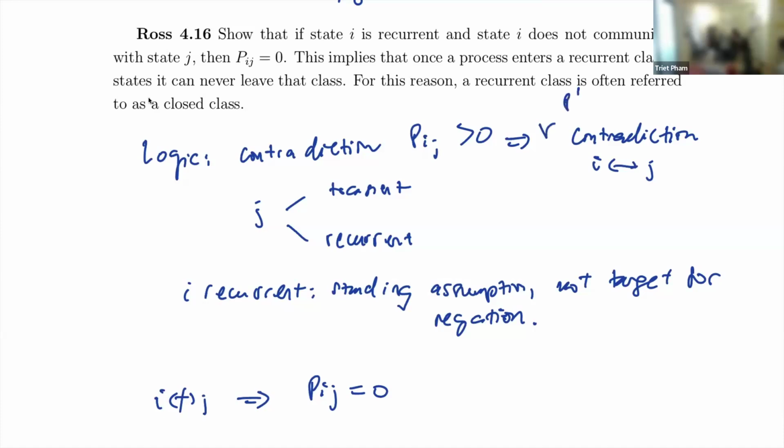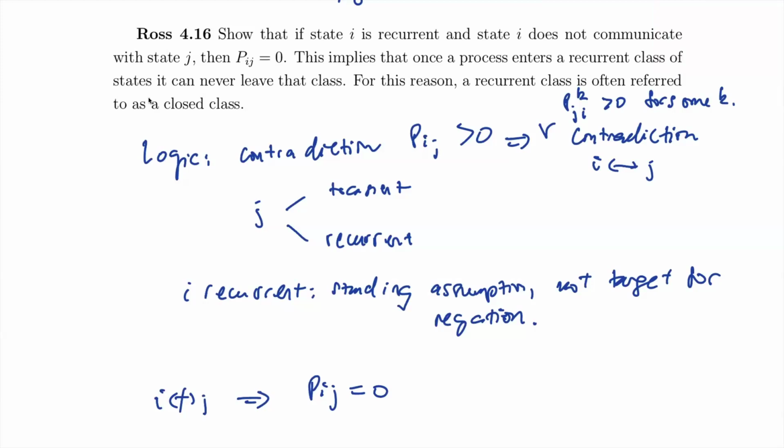Somehow you must be able to show that P to the k, J I is positive for some k. That seems like the intermediate step you need to prove I, J communicate, but you only have I goes to J. Okay, but then how do we show that? How do we show we can go from J to I in some step? Yeah, go ahead.